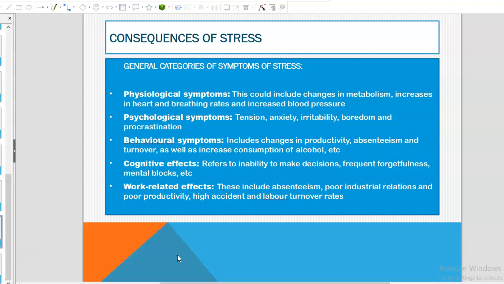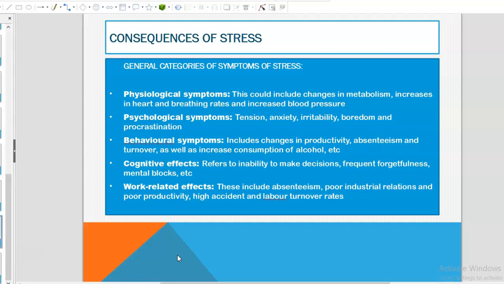We were talking about, we just talked about the behavioral symptoms. Now we also have what we call cognitive effects, which refers to the inability of the employee to make decisions, or when the employee experiences frequent forgetfulness or mental blocks.